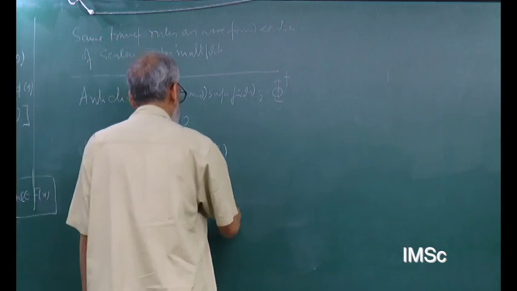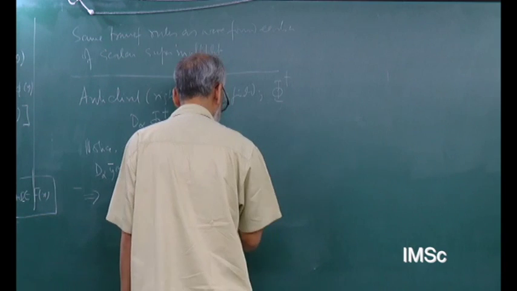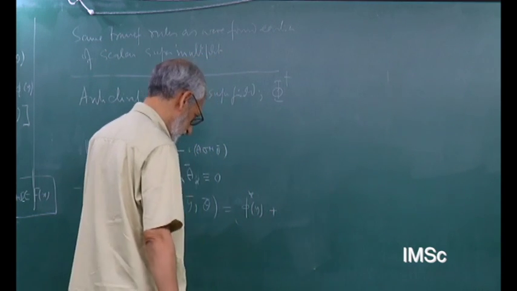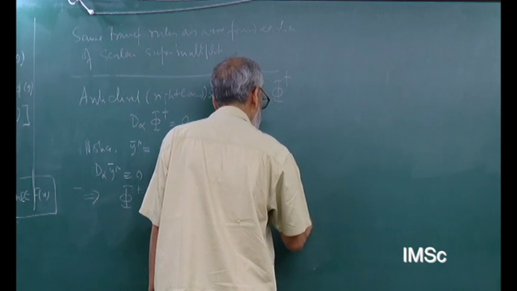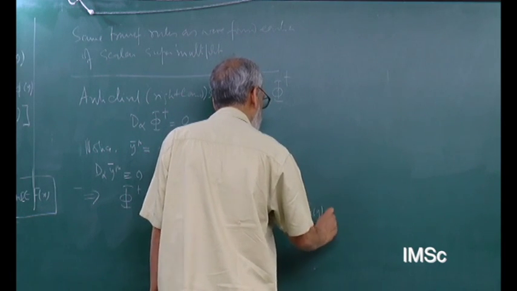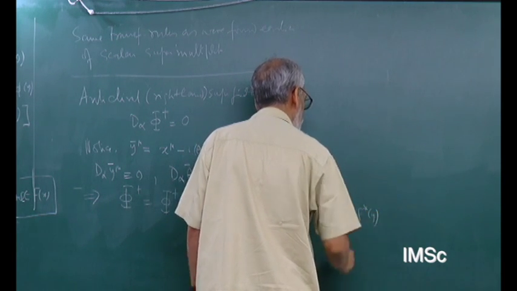And if I were to write its components, call the lowest component without thetas phi star, root 2 theta bar psi bar of y bar, plus theta bar theta bar f star of y bar.